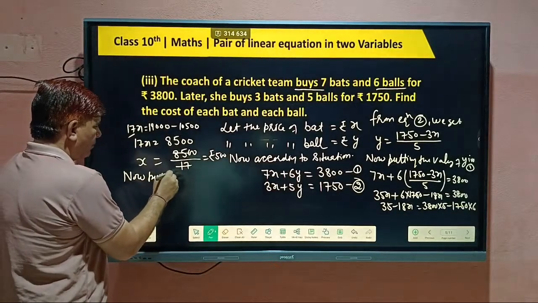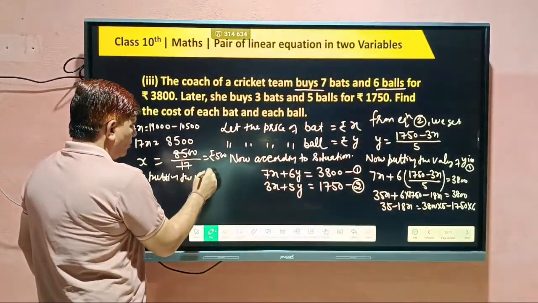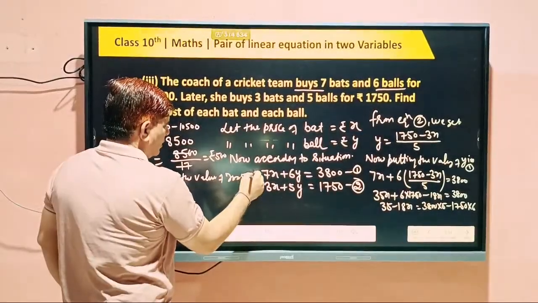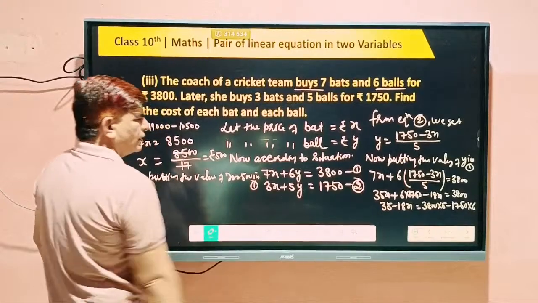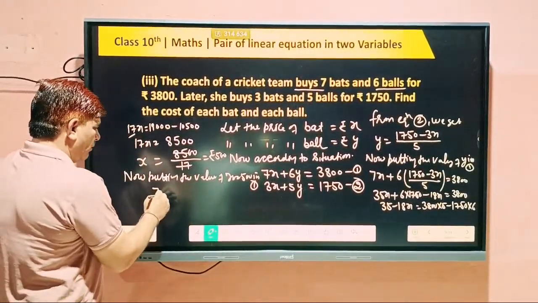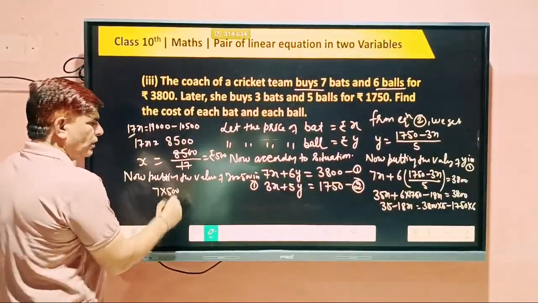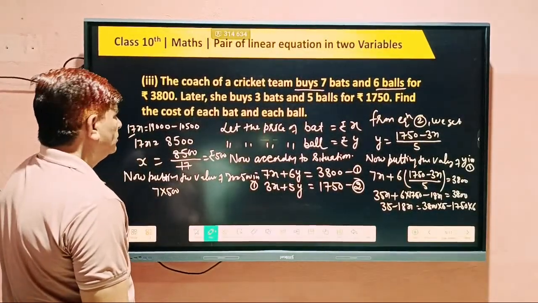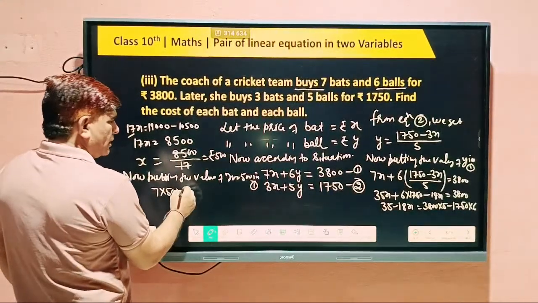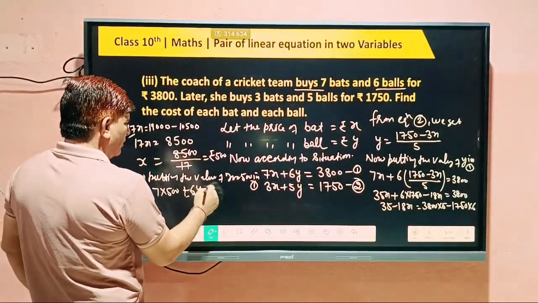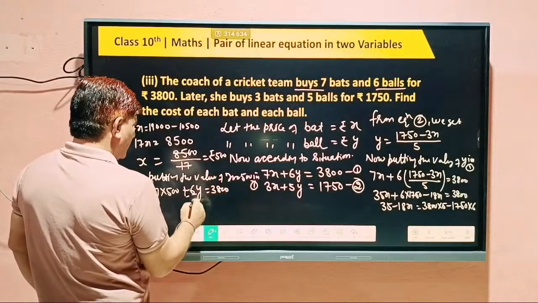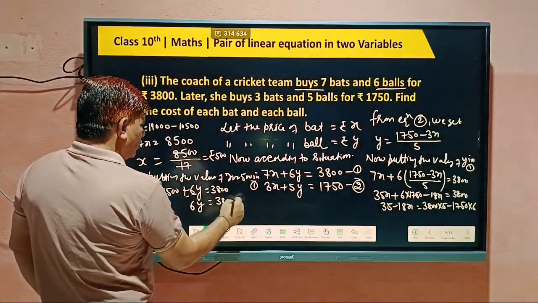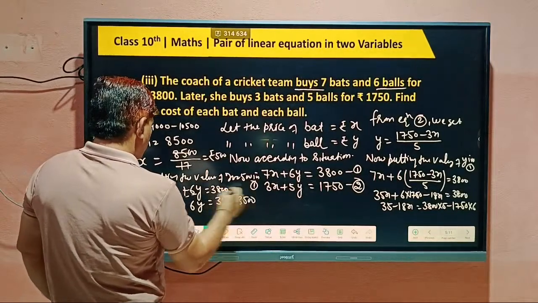Now putting the value of x equal to 500 in the first equation, again 7 into 500 plus 6y is equal to 3800. Understood or not? So 6y is equal to 3800 minus 3500.